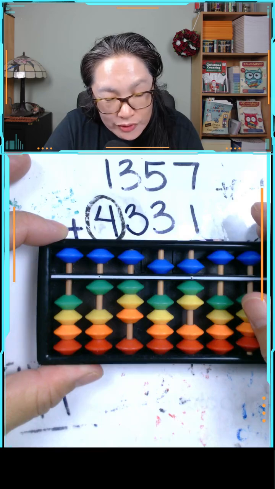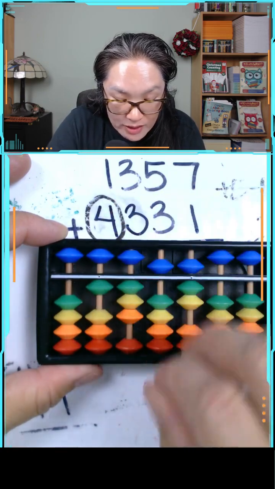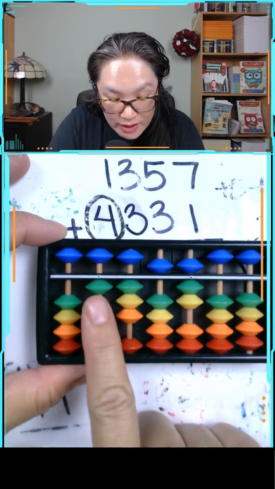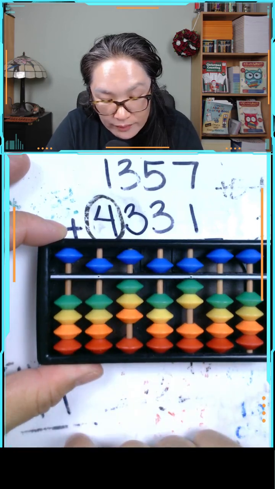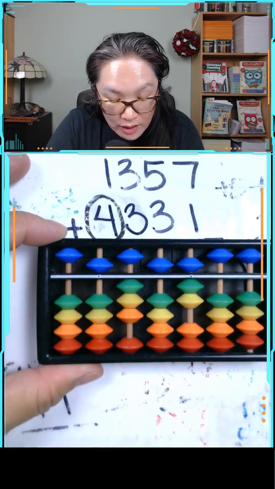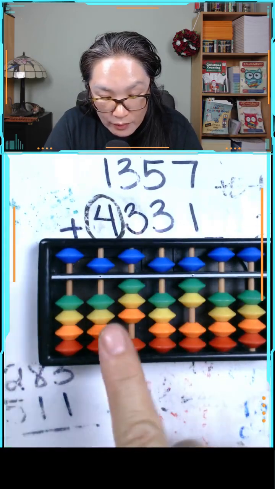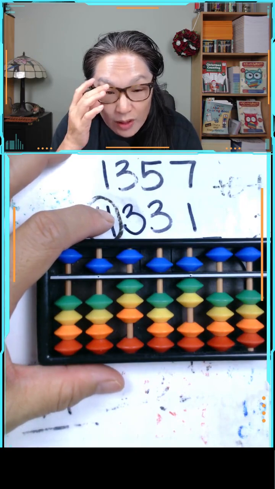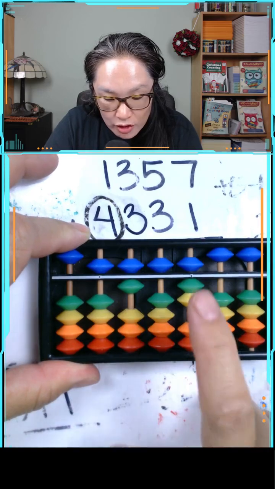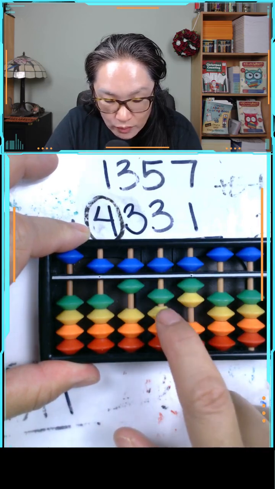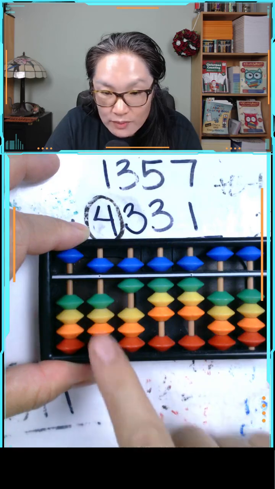You could do a friendly number, but in abacus world, we don't need to worry about that. If I want to add the 4, all I got to do is plus the 5 minus the 1. Remember, one of the concepts was plus the 5 minus the 1. And then we want to add the 3. To add the 3, we need to plus the 5 minus the 2. And then, do we have enough to add the 3? Yes. 1, 1, 1. There's my 3. Can I add a 1 here? Yes. Add another 1. So what is my final answer?